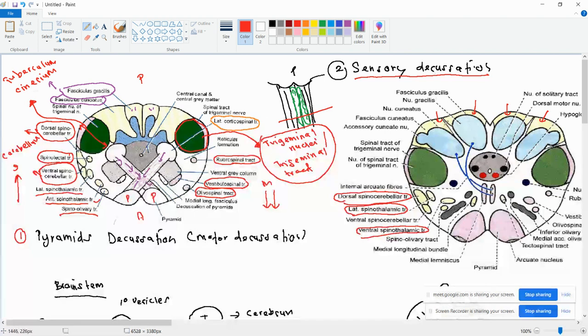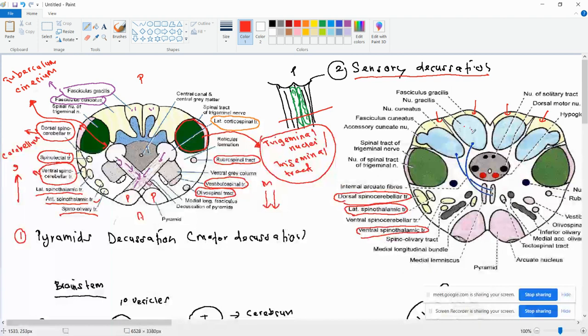But when we cut your medulla oblongata at the mid level, at the sensory decussation, what you can see here is that the fasciculus gracilis and the fasciculus cuneatus, these two tracts, will terminate at these nuclei. So the fasciculus gracilis will terminate at this nucleus, and the fasciculus cuneatus will terminate at this nucleus. And these nuclei, I mentioned earlier, what are they called? For the fasciculus gracilis, the nucleus is called, yes class, the gracilis nucleus.